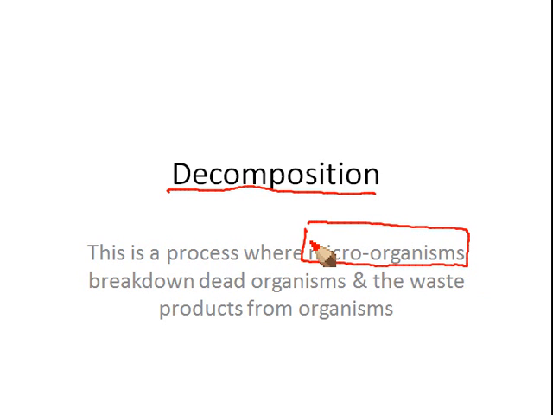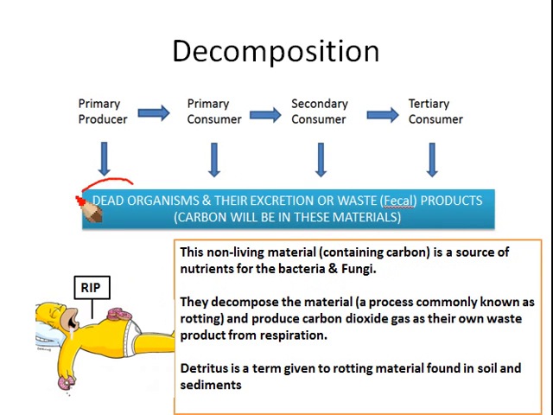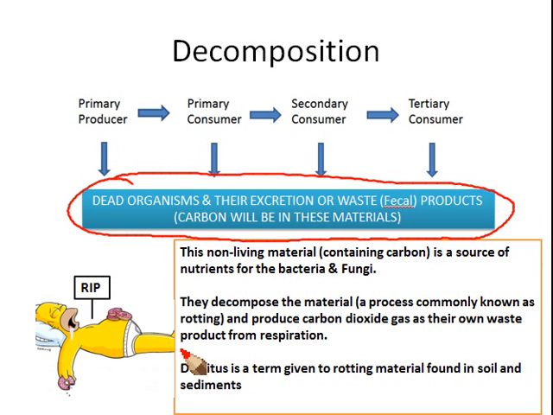They're going to make use of this material. The non-living material forms a pool, which might be referred to as detritus, decomposed by bacteria and fungi, and that decomposition produces carbon dioxide as a waste product.